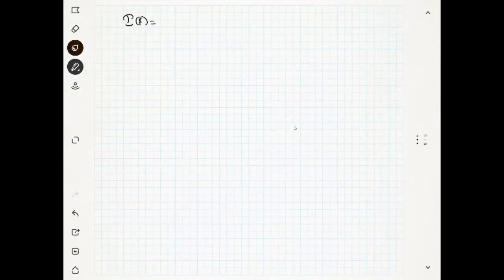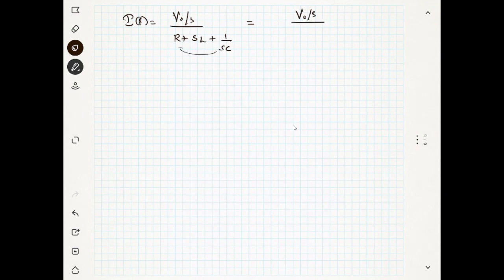So I of S is nothing but V naught over S divided by R plus SL plus 1 over SC. This is the form, but I can write it in another way also. I can cross multiply all this.